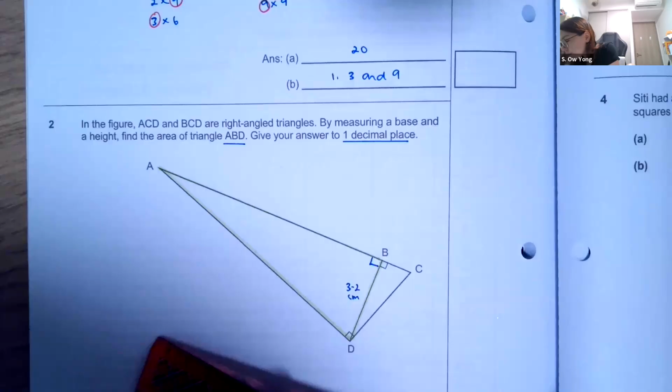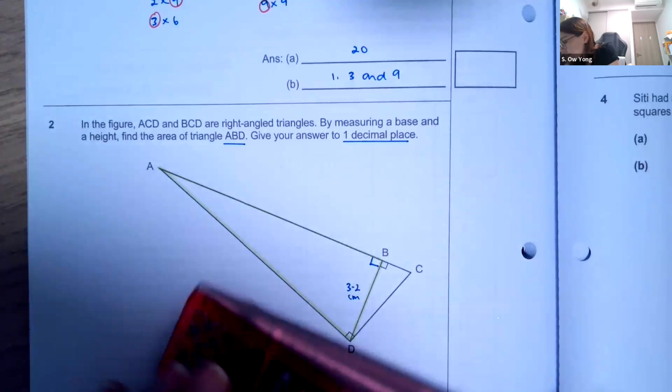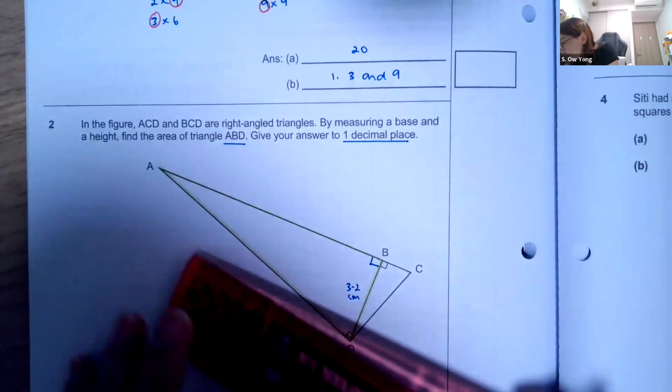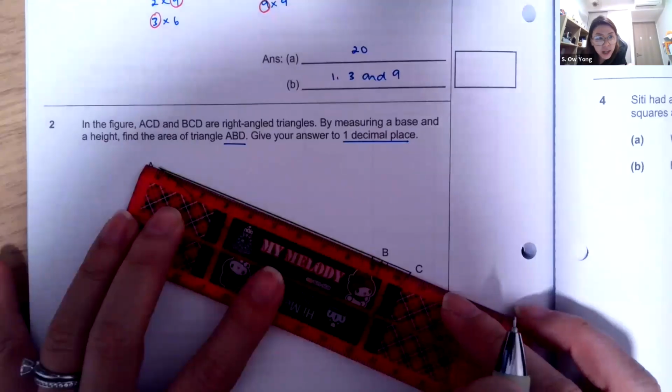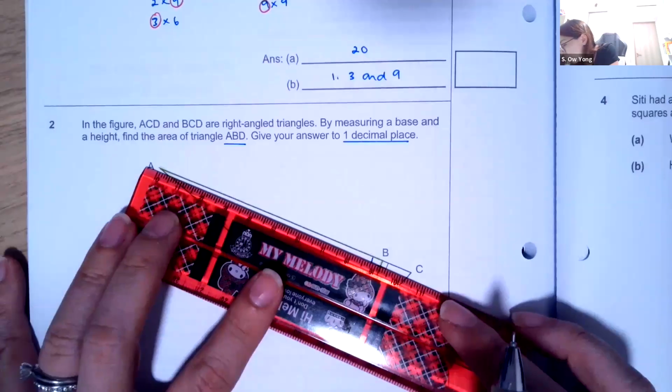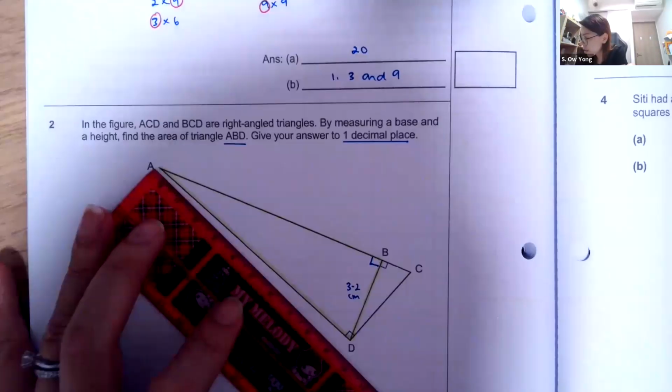Then let's measure the height. You can see when you measure the height, you can see that. Let me see. Do you see 9.3?